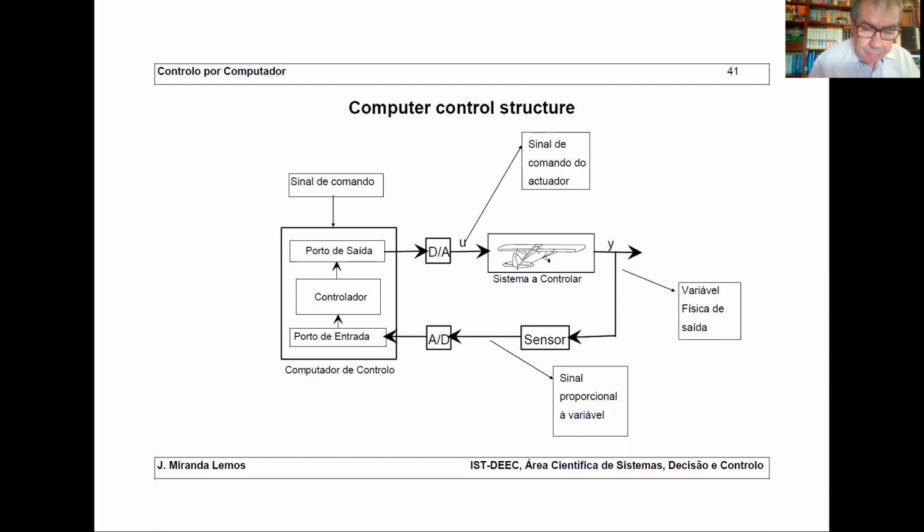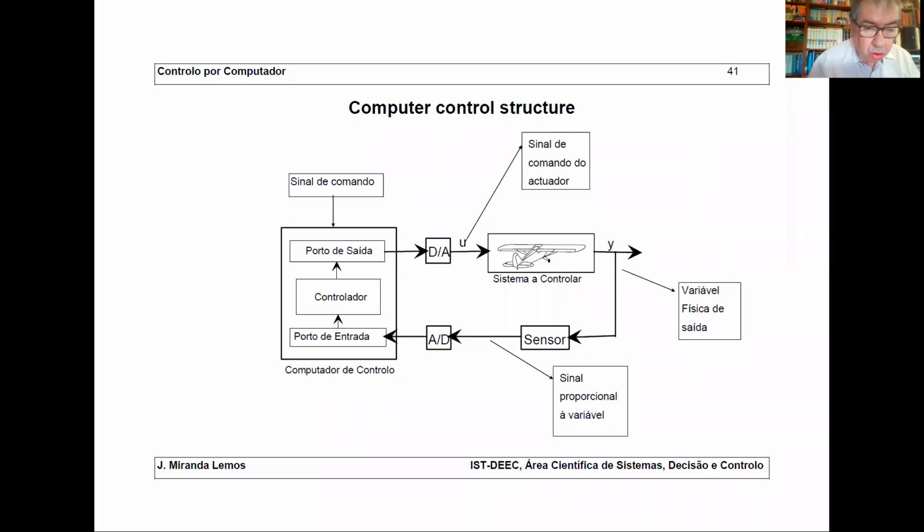And one important thing that was a consequence of that example was that in computer control, you are working in discrete time, okay? And in general, the structure is the one that you can see on this slide. So you have a physical plant, which is continuous, and it's related to a computer via DA and AD converters.